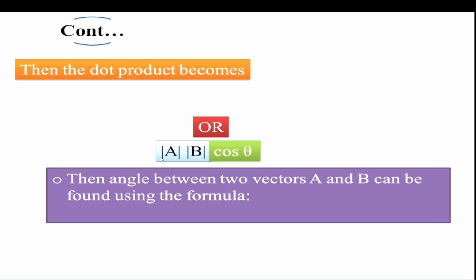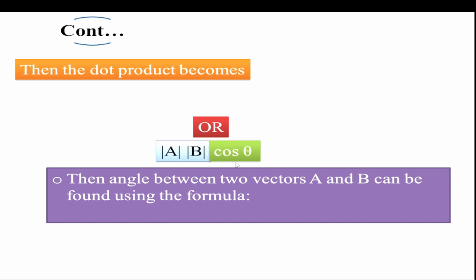What did we say? We said that A dot B means ax bx plus ay by plus az bz, which is equivalent with the product of magnitude of A, magnitude of B, and cosine theta. So now our aim is to find the angle between them.